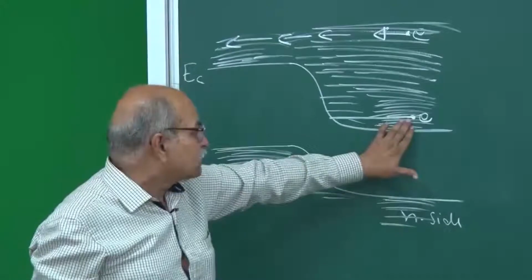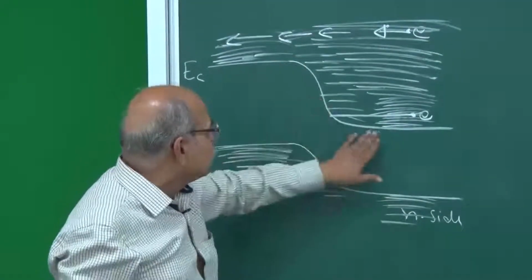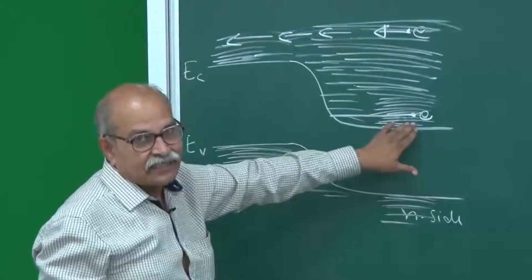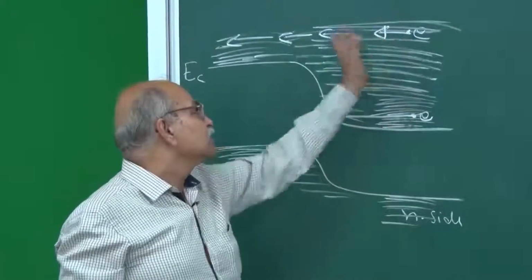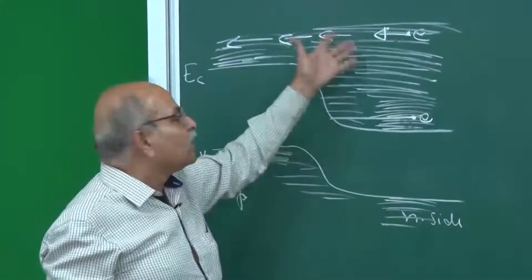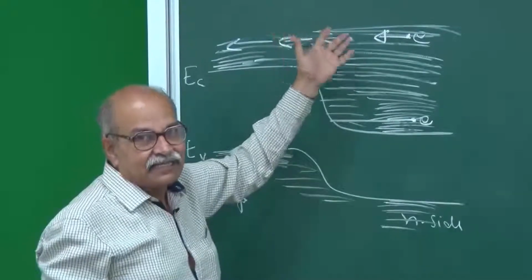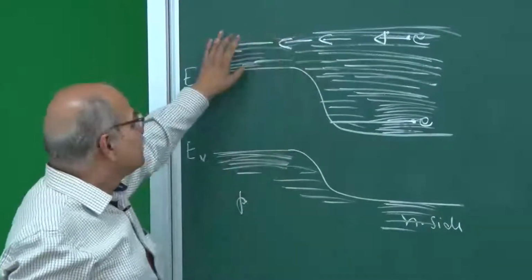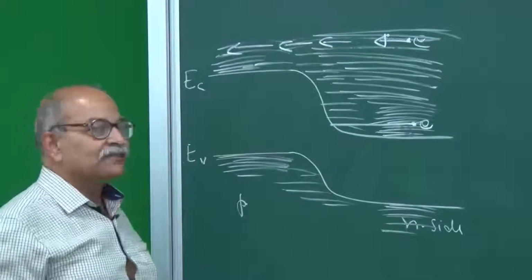So for the first electrons this barrier is not surmountable, at least classically, but for these electrons the barrier is crossed. The kinetic energy will decrease, all those things will happen, but it can still cross over.